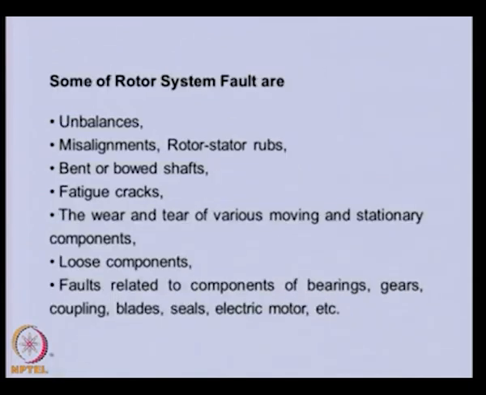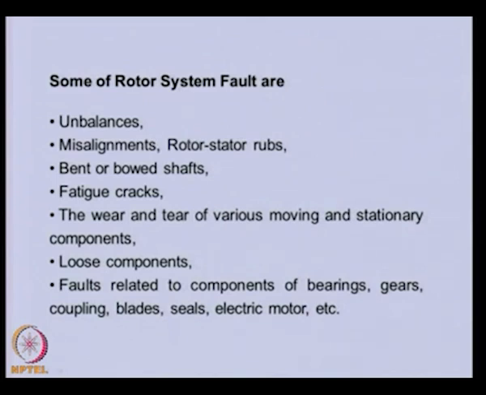Now, the various kinds of faults which a rotor system can have, either at the stage of commissioning or during subsequent overhaul. The most common, as I discussed, is unbalance, and the second most critical is misalignment, which can generally occur between two shafts when they are connected by a coupling, or at the bearing, when a single shaft is mounted on two bearings, then we may have misalignment between the shaft and the bearing bore.